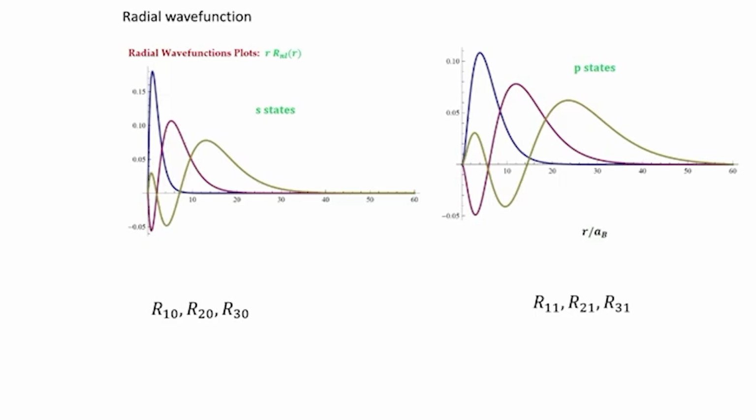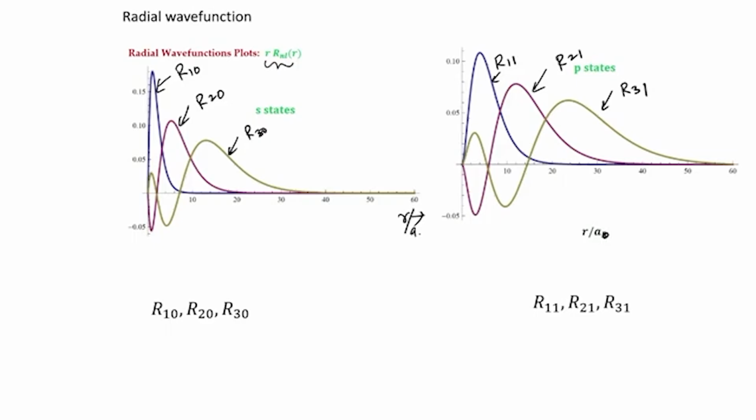So, you see the S state, this is the R10 state, and this is the R20 state, and this is the R30 state, and these are the P states, which are again like the R11 state, and this one, and then this is the R21 state, and this is the R31 state, and these are the nomenclature. It is plotted, this is the radial part, that is RNL, multiplied by R, plotted as a function of R, okay, in terms of the Bohr radius, which you can call A0.